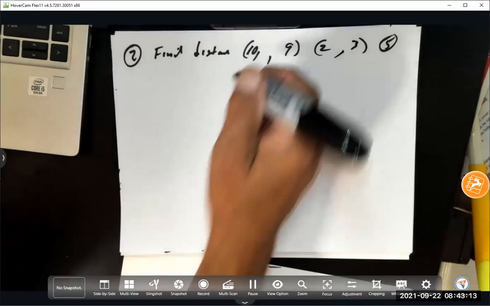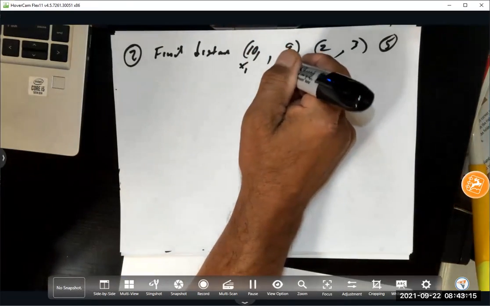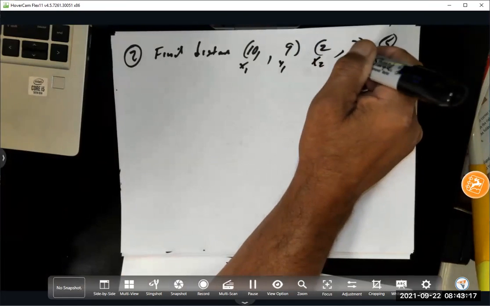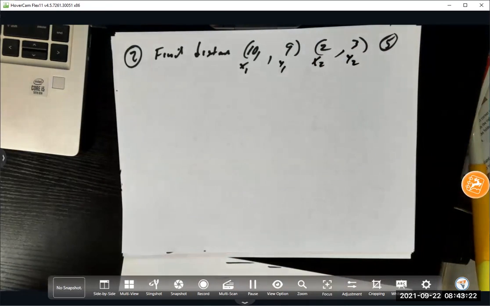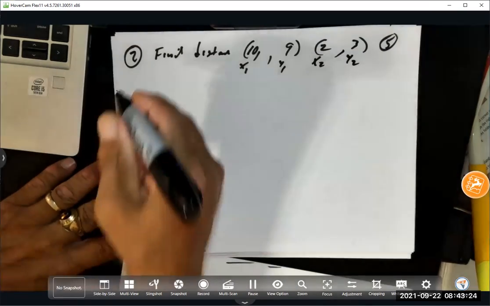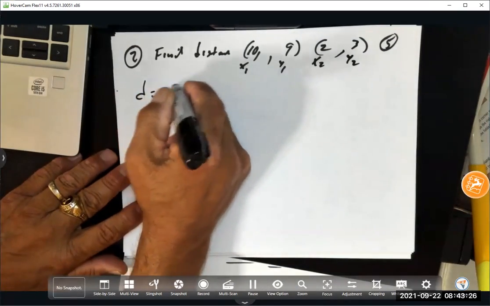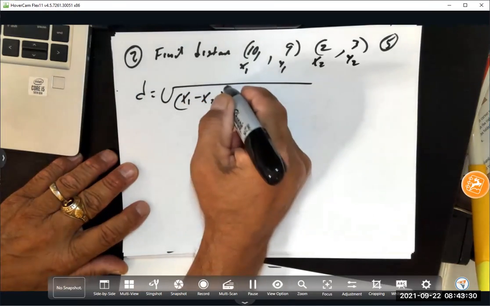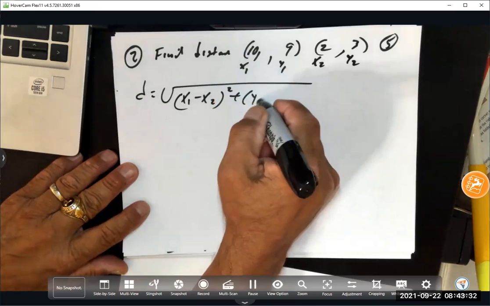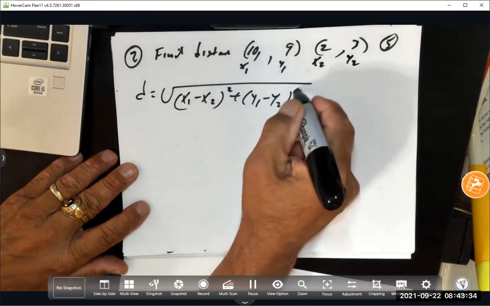All right, so first of all, this is x1, this is y1. This is x2, this is y2. Is that okay for the labels? First x, first y? Yeah. So now the formula, and I just gave it to you right now, looks like this thing here. Okay. (x1 minus x2) squared plus (y1 minus y2) squared.